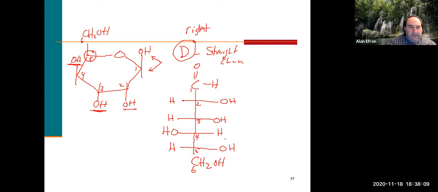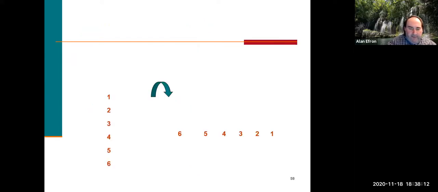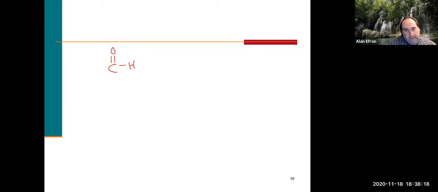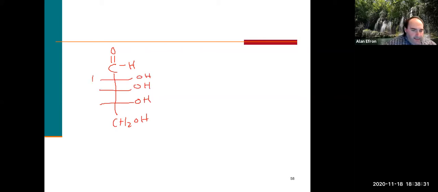Just to touch upon an earlier question before we move on from this, let's just say we had something like ribose, maybe something like this. And let's say we wanted to turn this into a ring structure. So we would do the same approach here.